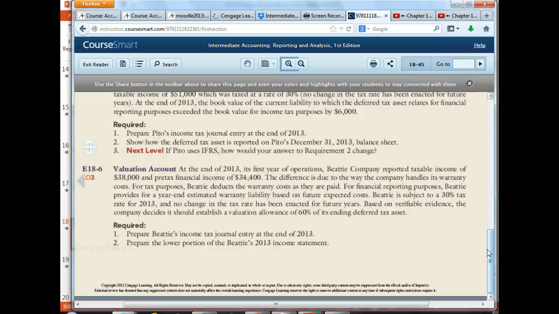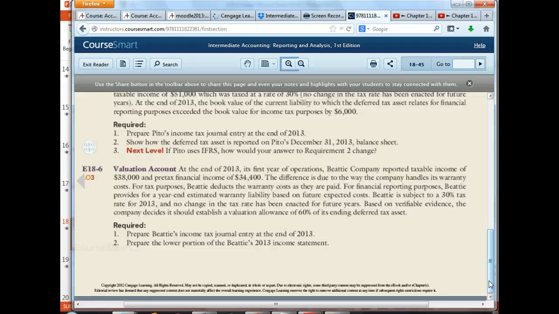Here's going to be another deferred tax asset. At the end of 2013, its first year of operations, Beatty Company reported taxable income of $38,000 and pre-tax financial income of $34,400. What does this mean, guys? Book income is less than tax income, okay?